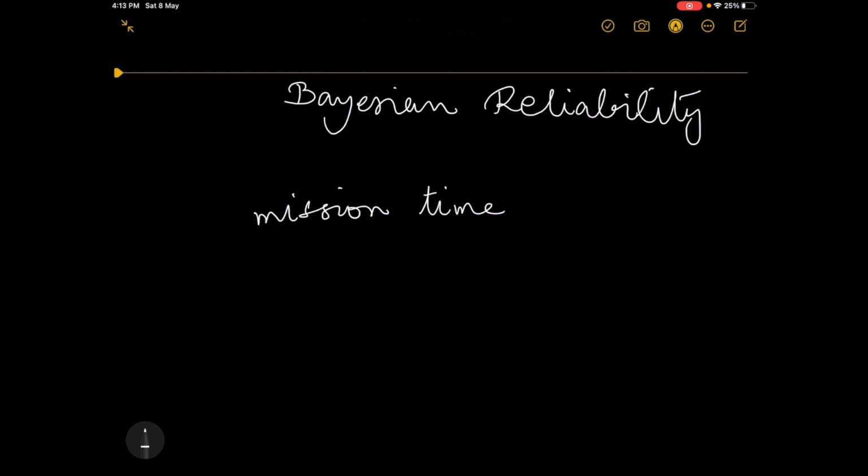That standard in terms of time is called a mission time, or in terms of industry, this mission time is usually known as the warranty period. So considering the mission time, one measure of reliability could be a reliability function.